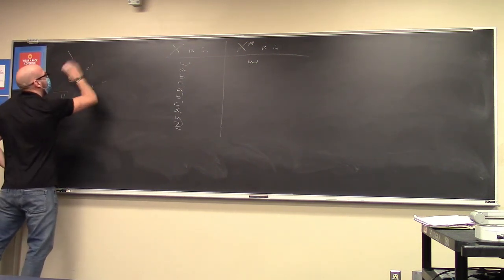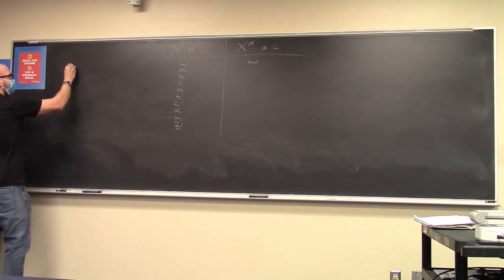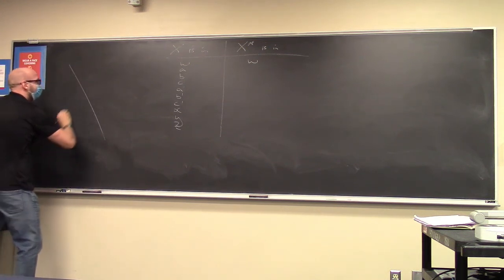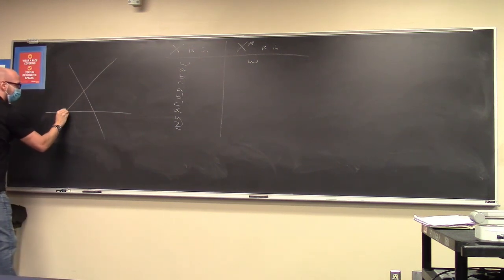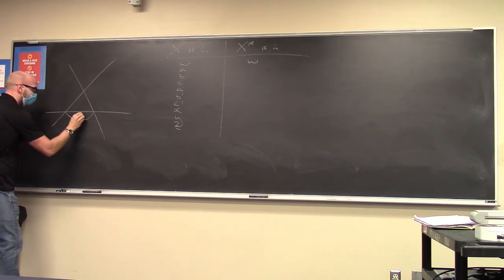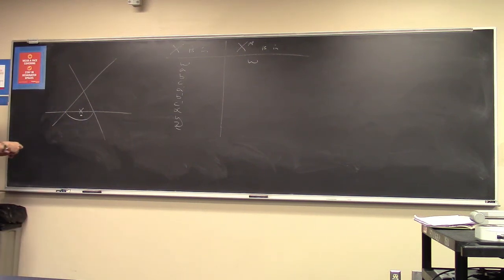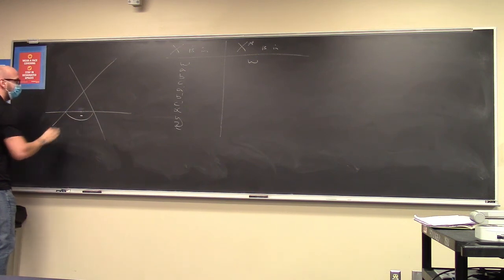So my picture's already too cluttered. I would recommend getting a scrap piece of paper or something, because it's going to become fairly messy. But if I take a point, say X, lying down there, I'm not even going to label it because it would be too messy.